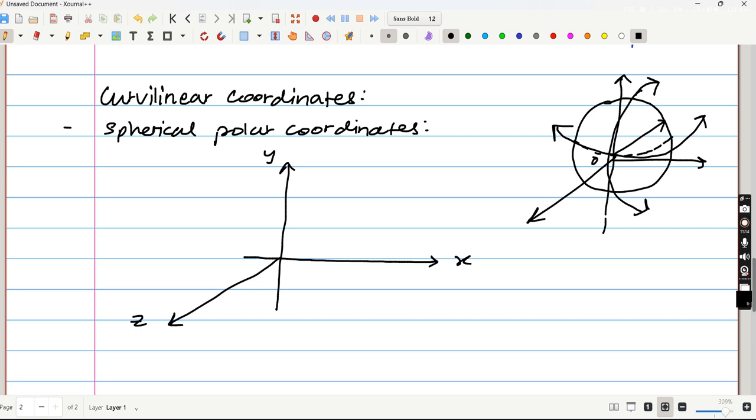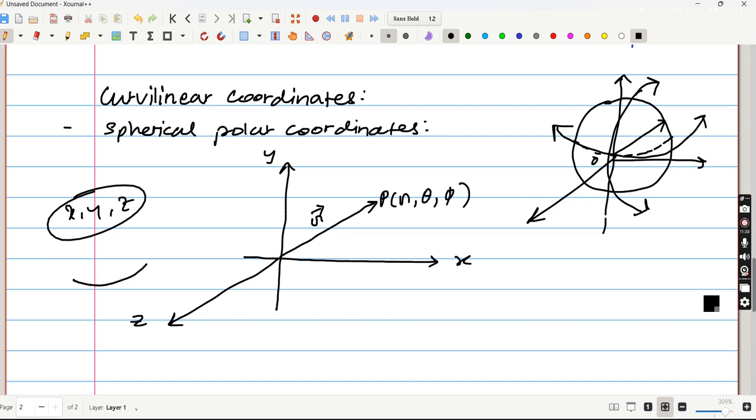Okay, so now, describing it mathematically is not hard, but it needs some work. You have a radius, and your point P is denoted by r, theta and phi. So it's no more x, y, z anymore. This accounts for the fact that motion can be angular: longitudinal, latitudinal, and also radial.